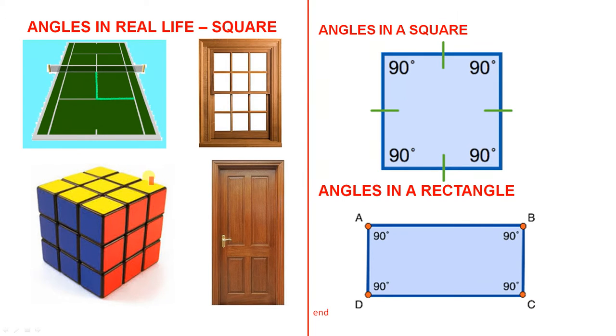The faces of the cube, a lot of square angles there. So basically the angles in a square, 90, 90, 90 and 90, they're called square angles. The angles in a rectangle, 90, 90, 90 and 90, they are also square angles. So square angles are neither sharp nor blunt.